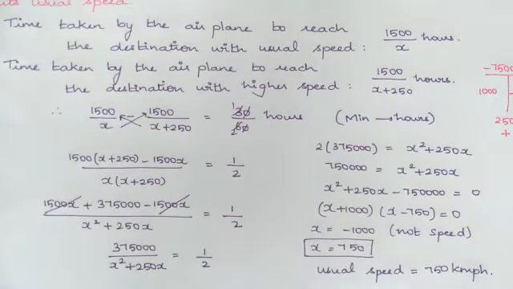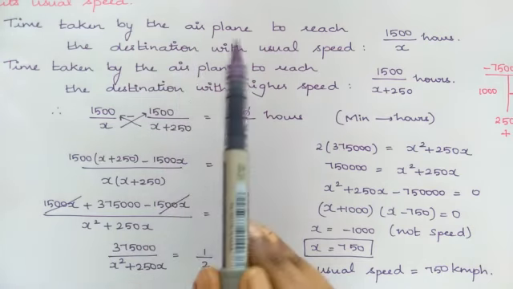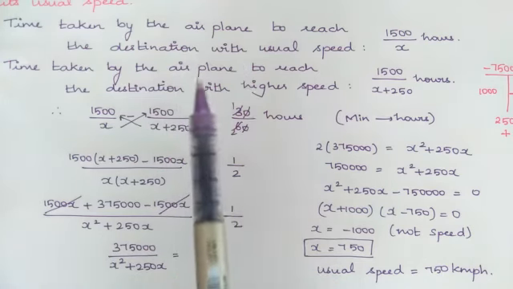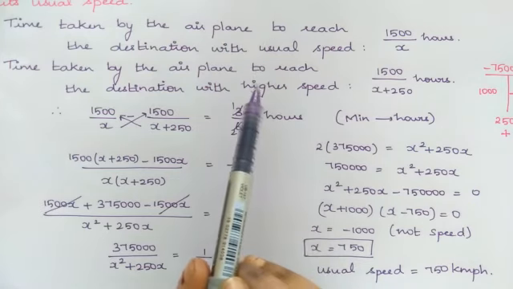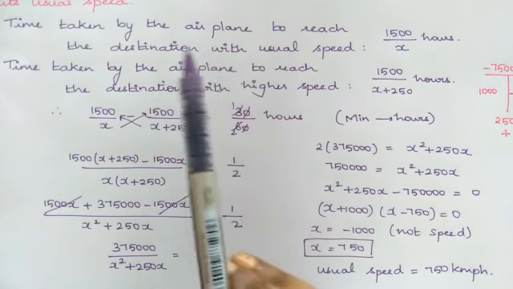Now, a few of you might have a doubt. If not, also just please listen to this. The plane is starting 30 minutes late. In order to reach the destination on time, it is increasing the speed. So it must have reached the destination on time, right?